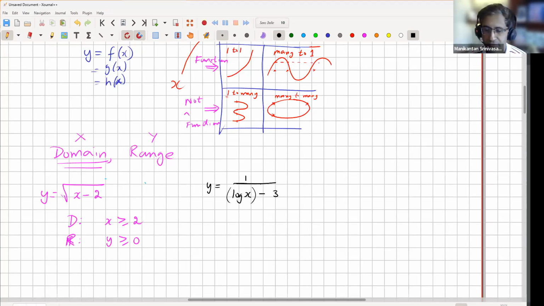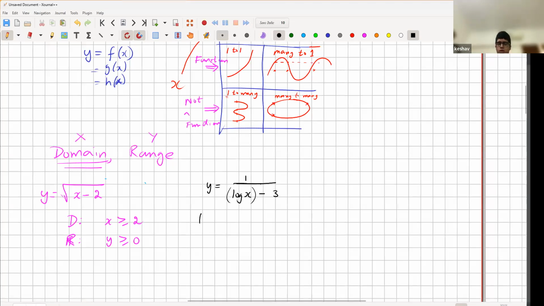Okay, Keshav, you want to take this? What will the domain for this be? It'll be x greater than 0, and x won't be equal to 1000.